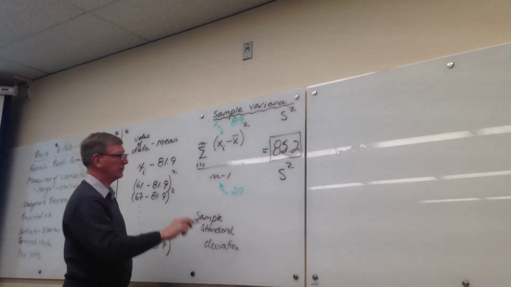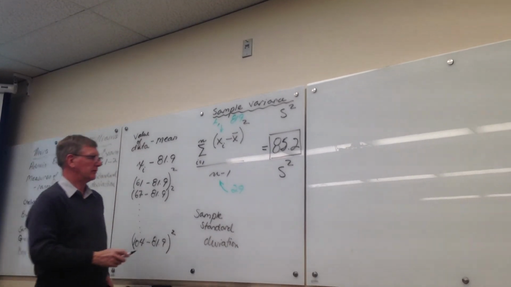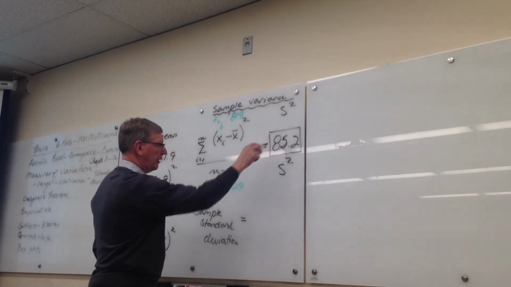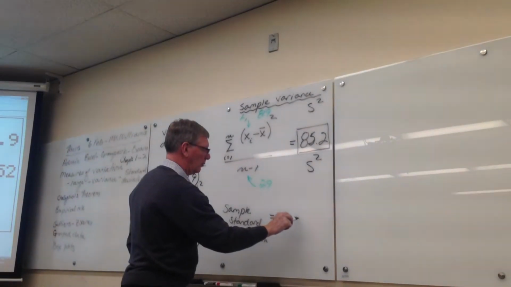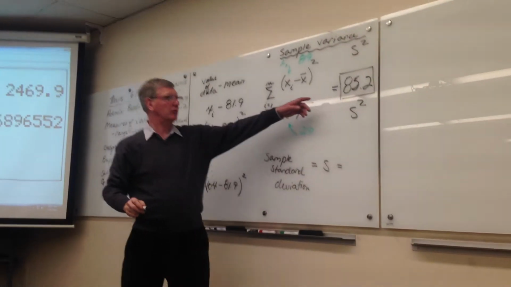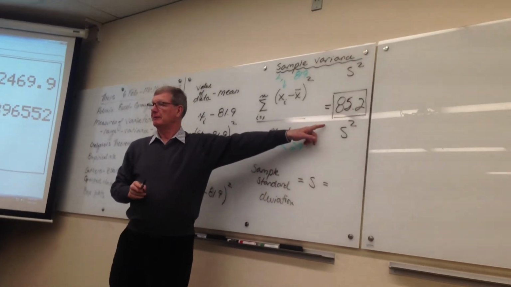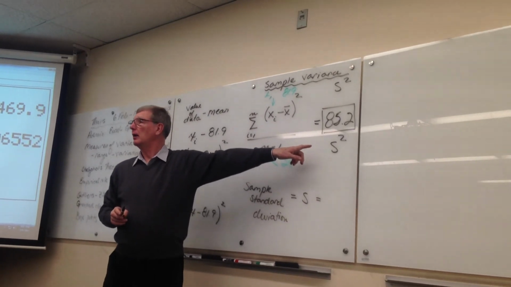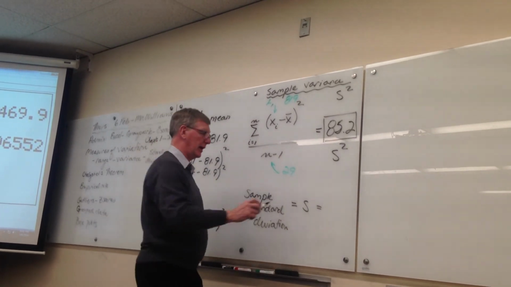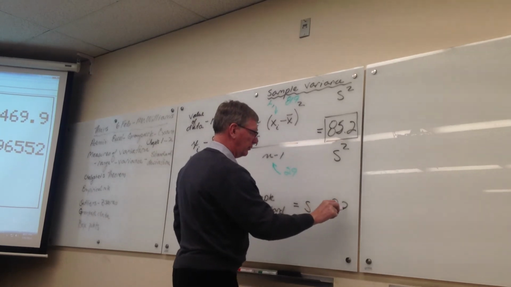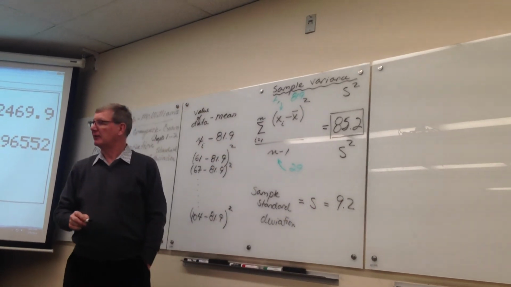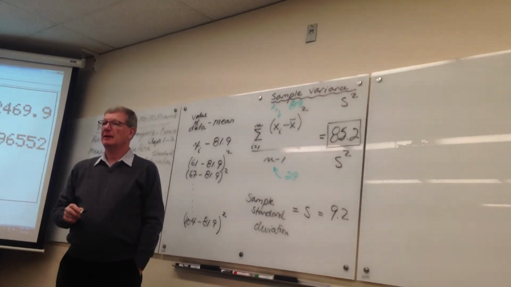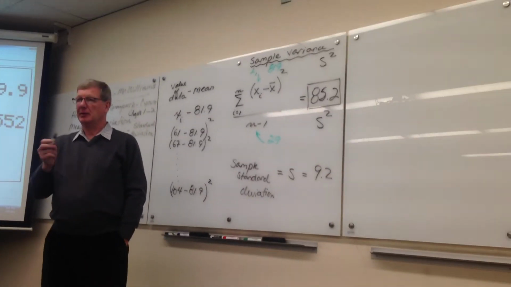So we're kind of unsquaring the distances. If I take the square root of that, that's called S, and what's our sample standard deviation? What's the square root of 85.2? Tyler? 9 point what? 9.229. If I go 9.2, is that correctly rounded off? Everybody get that? Everybody okay with 9.2?